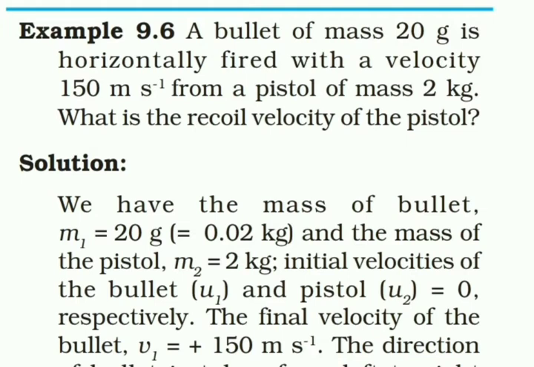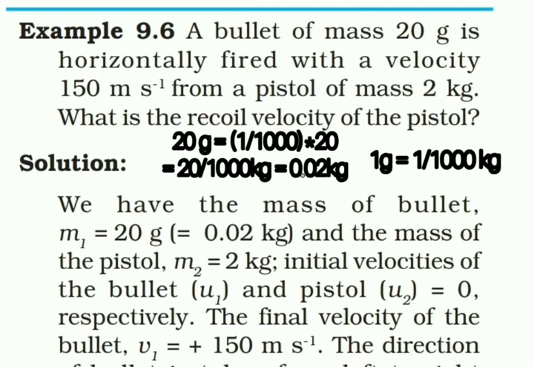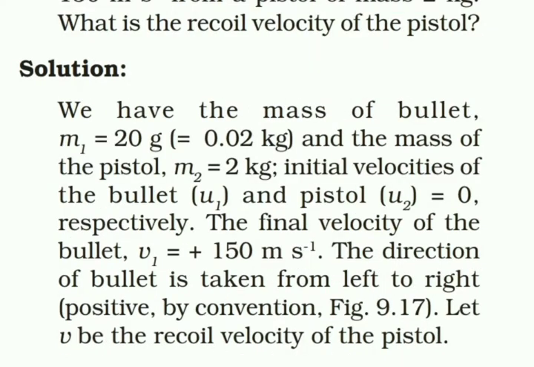Solution. We have the mass of the bullet m1 equal to 20 gram. We have to convert it into kilogram, then we get 0.02 kg. And the mass of the pistol m2 equal to 2 kg. Initial velocities of the bullet u1 and the pistol u2 are equal to 0 respectively.